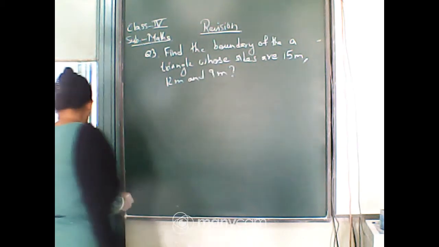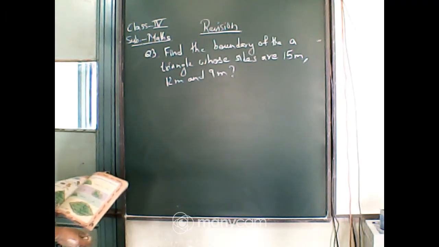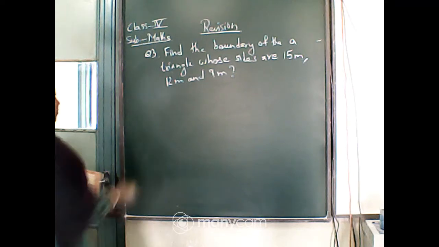Now, this is given: find the boundary of a triangle whose sides are 15 meter, 12 meter and 9 meter. So how will you find the boundary?